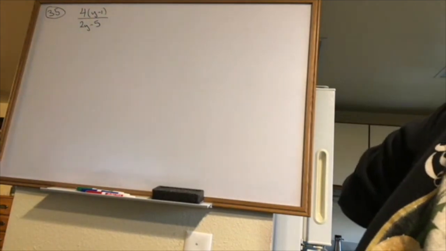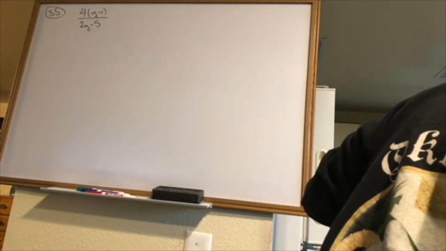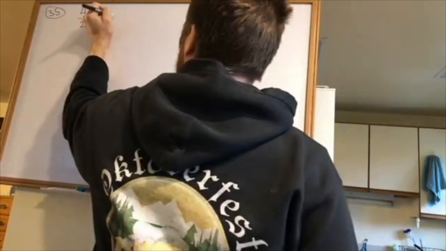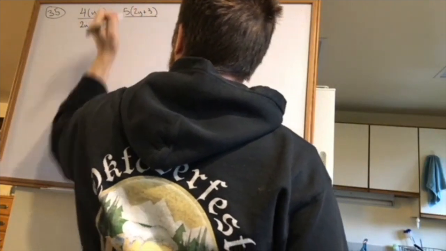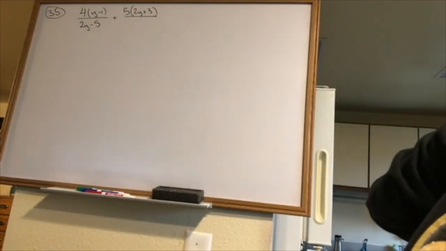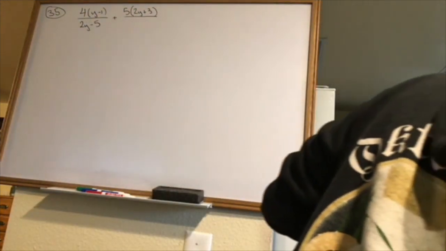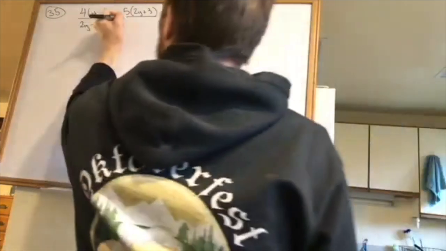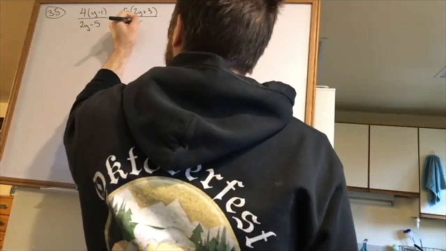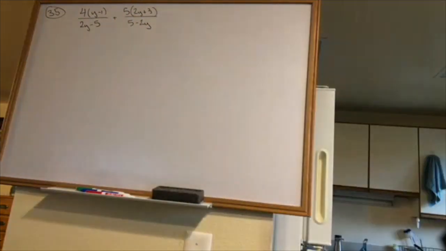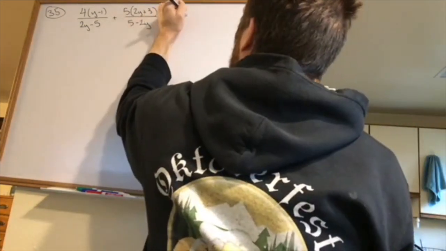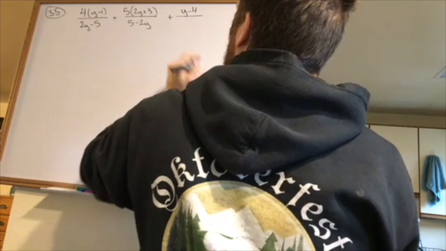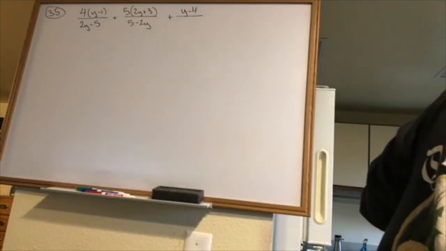And then that's plus (5)(2y plus 3) in the numerator, and then (5 minus 2y) in the denominator. And then (y minus 4) in the numerator, and then (2y minus 5) in the denominator.